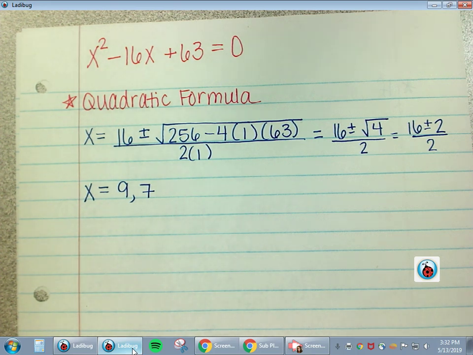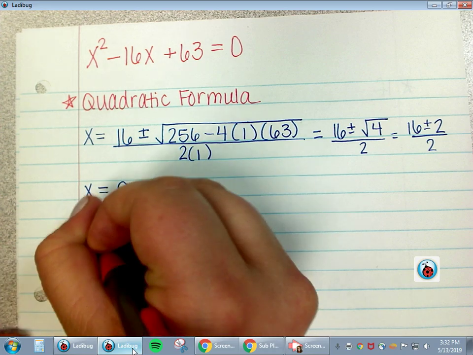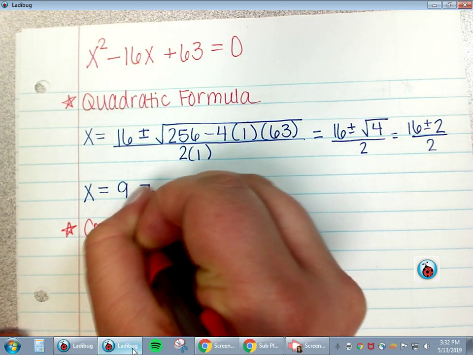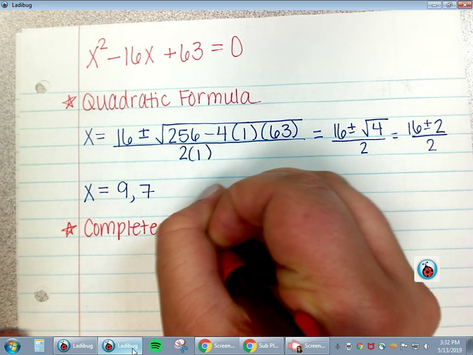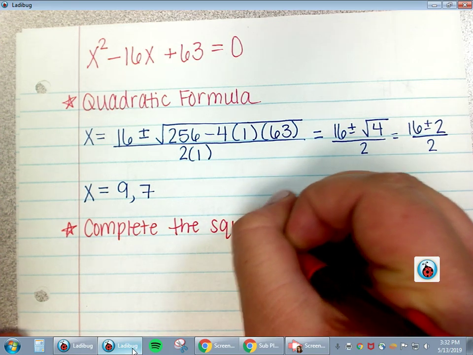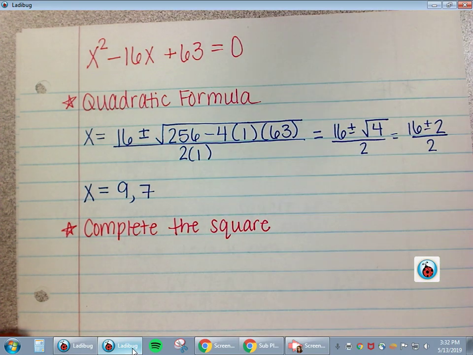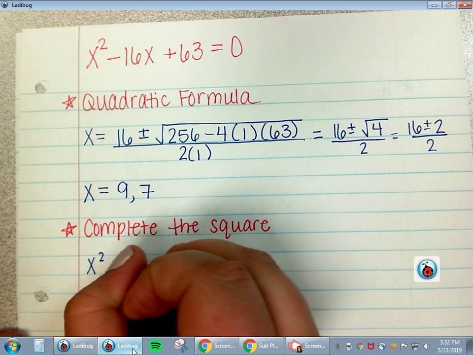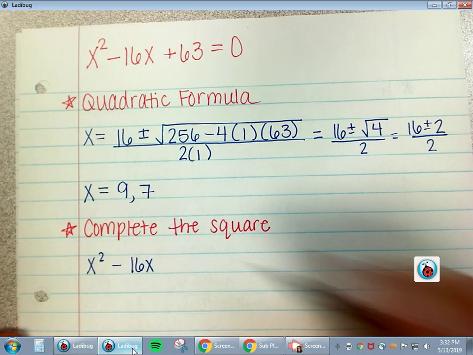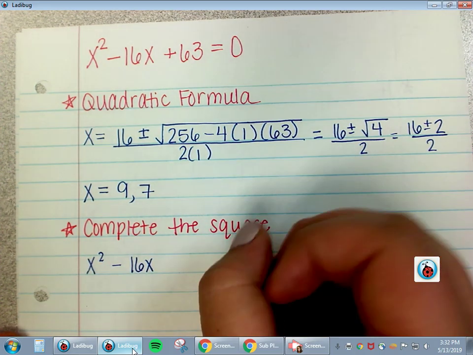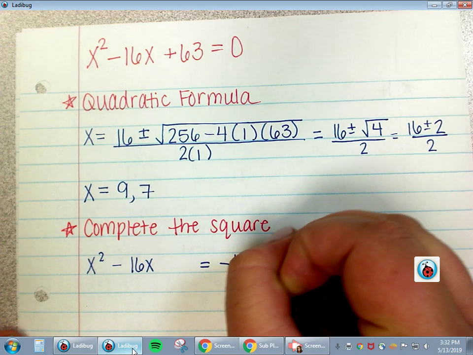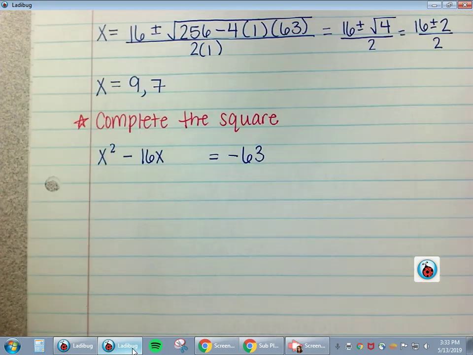Let's do it again, but instead, let's do it with complete the square. So we'll do the same guy. I'm going to rewrite my equation x squared minus 16x. Let's move that 63 over to the other side and make it negative to make room for our perfect square.